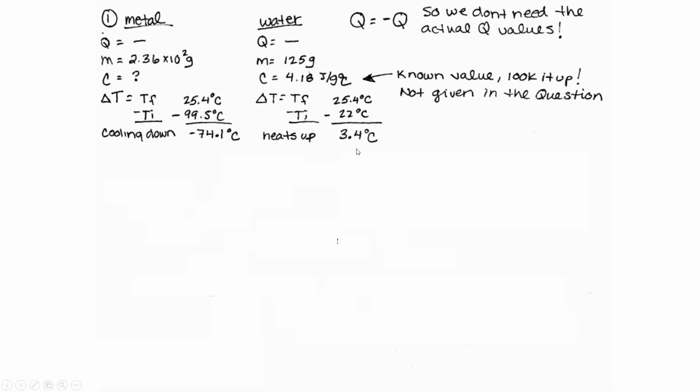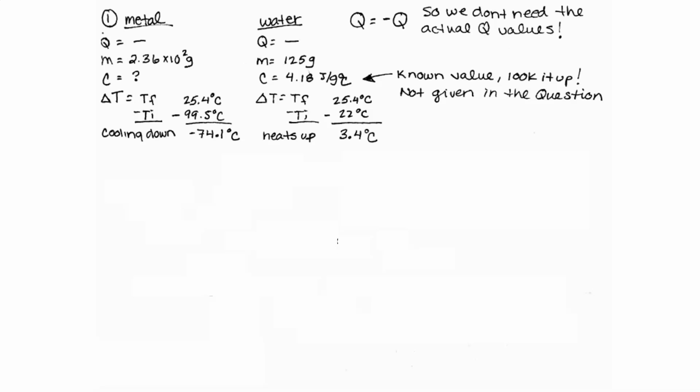People get really upset about this, okay? They really don't like that the metal is going to change by 74 degrees and the water is only going to change by 3 degrees. But you have to think about the fact that the water can absorb a lot of energy before those molecules start moving faster due to the chemical nature of water.